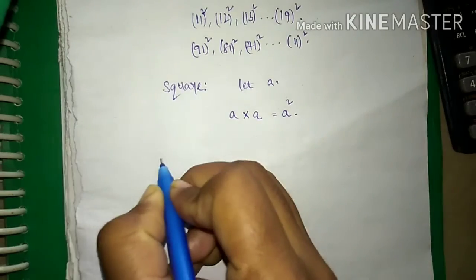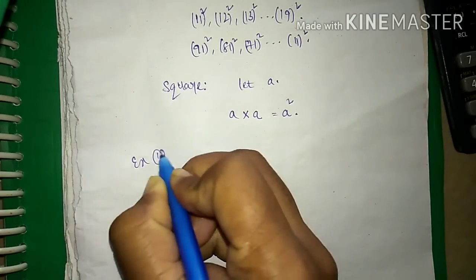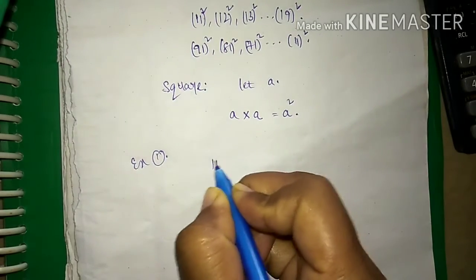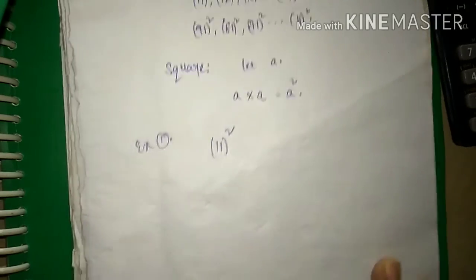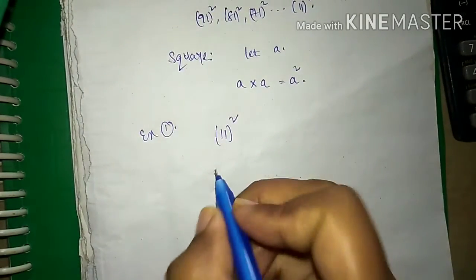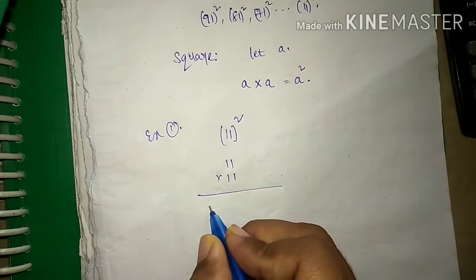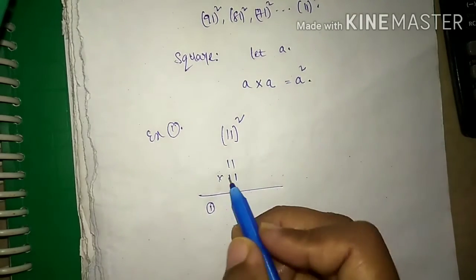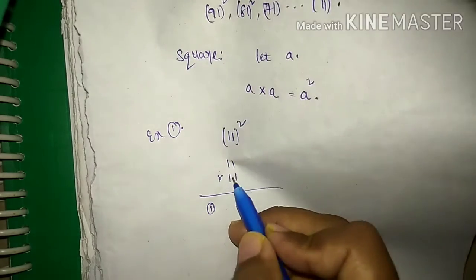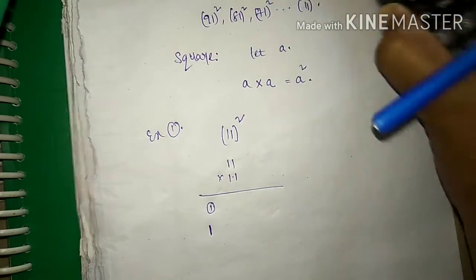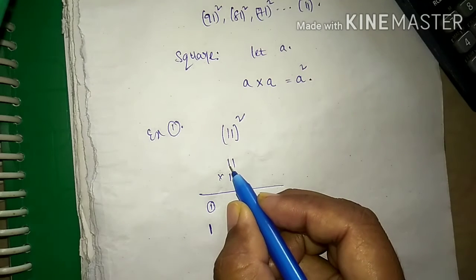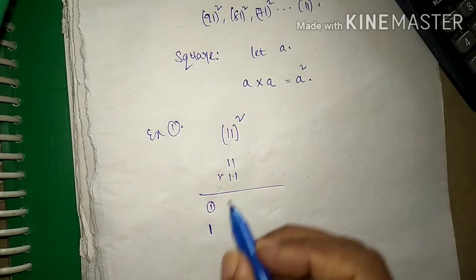Let me take an example. Example number 1, let it be 11 whole square. We have to multiply 11 with 11, so 11 into 11. In the first step we have to put 1, because the number starts with 1, right?